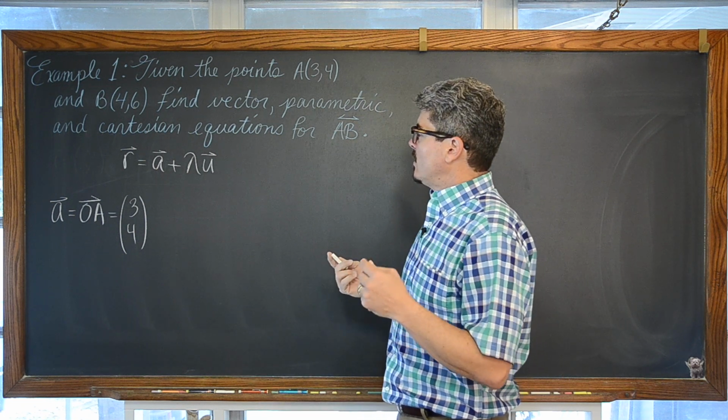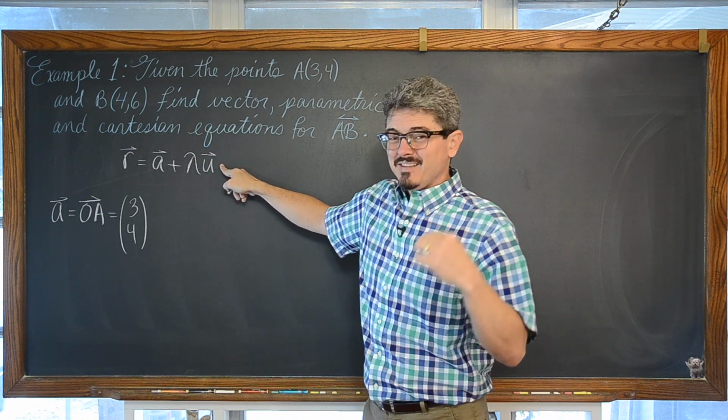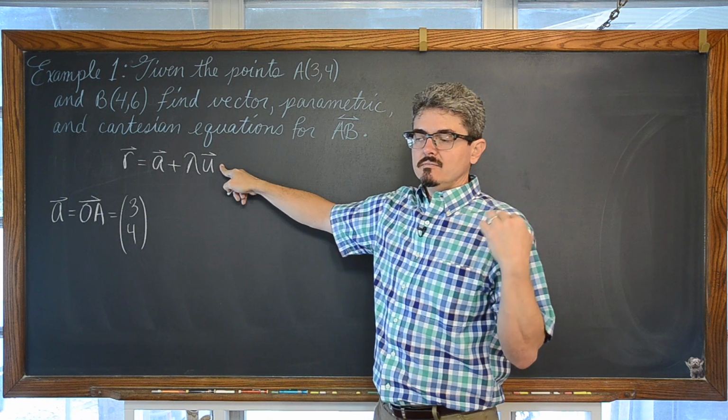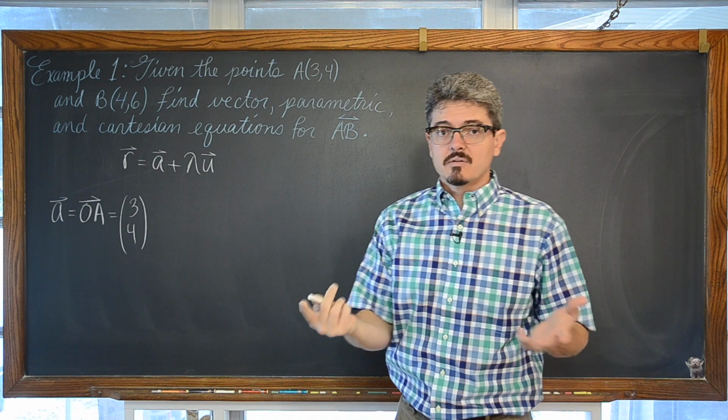Your direction vector, while it doesn't technically have to be on the line, needs to be created or found by using a couple points on the line.